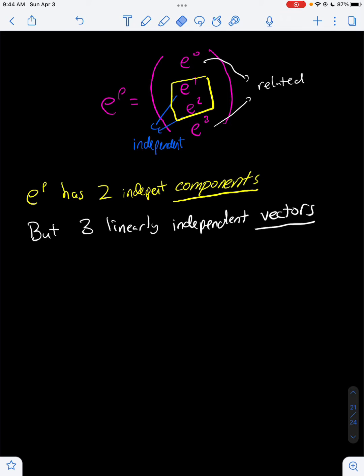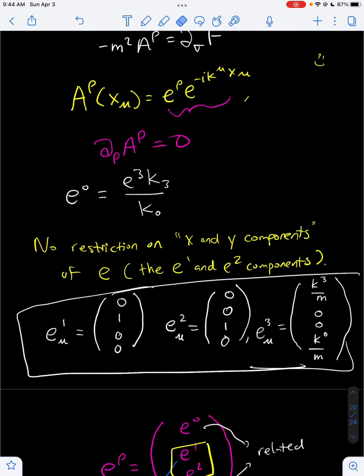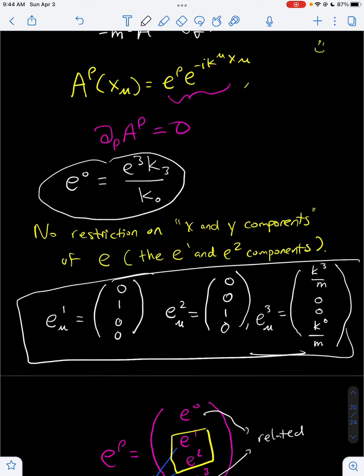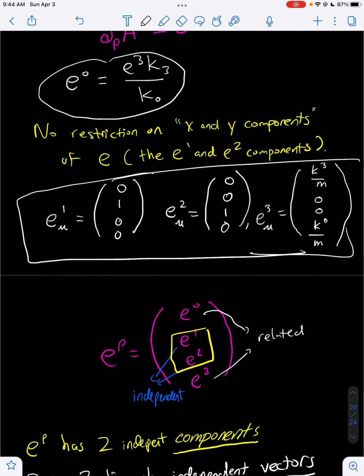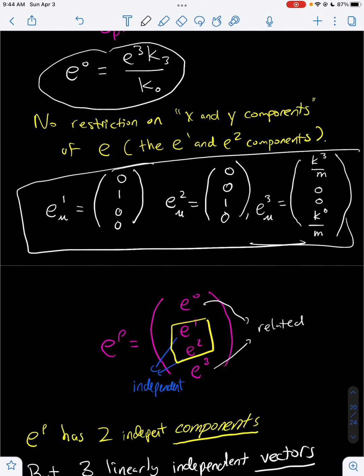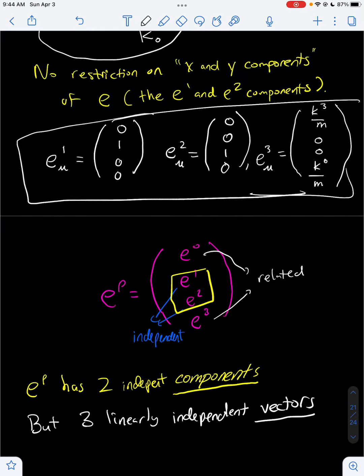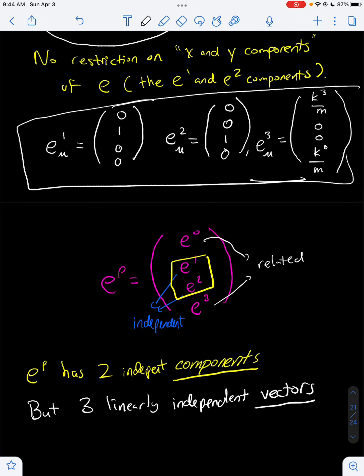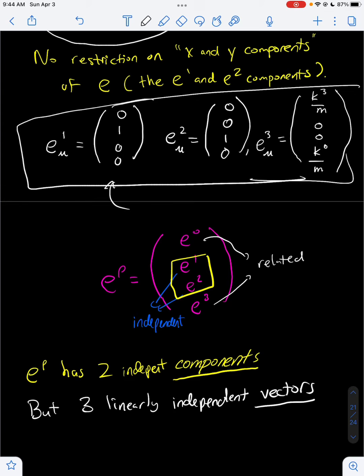All vector spaces have what's called a basis, and the basis is used to build larger vectors. Because of our condition that E rho is going to equal this, it implies that there are three linearly independent basis vectors for our polarization space. And these are the three listed here.